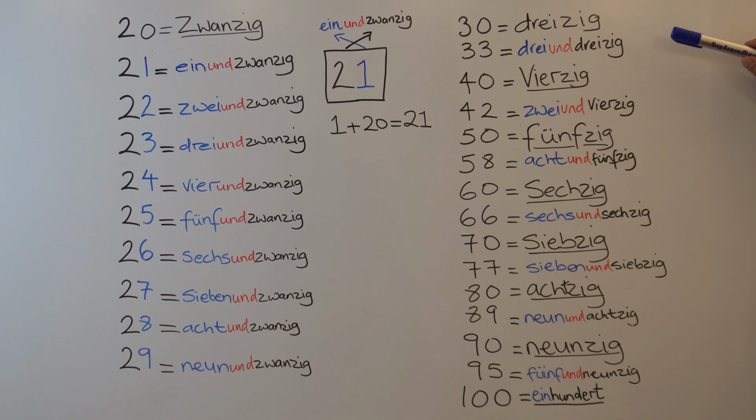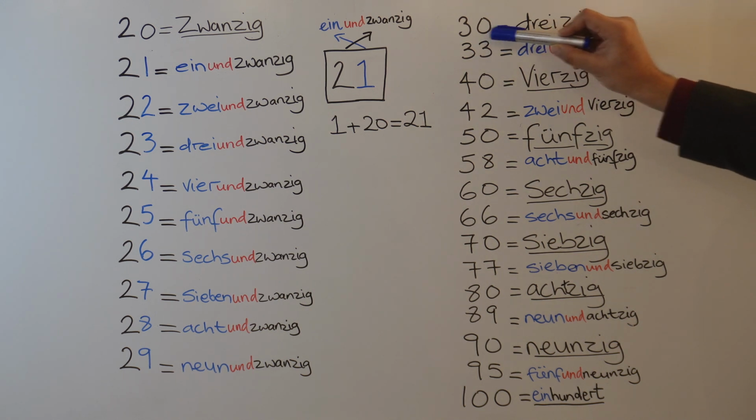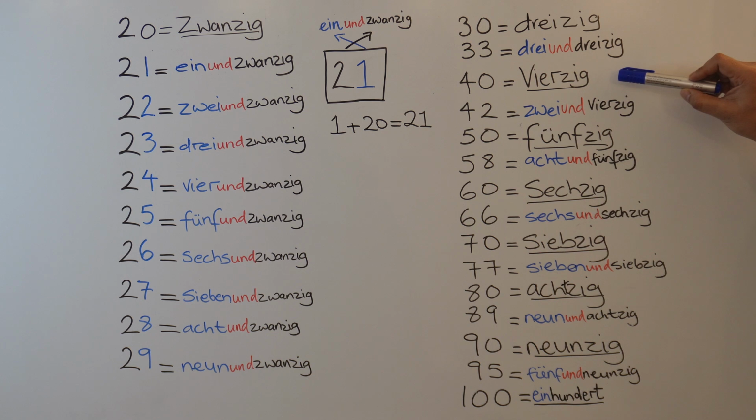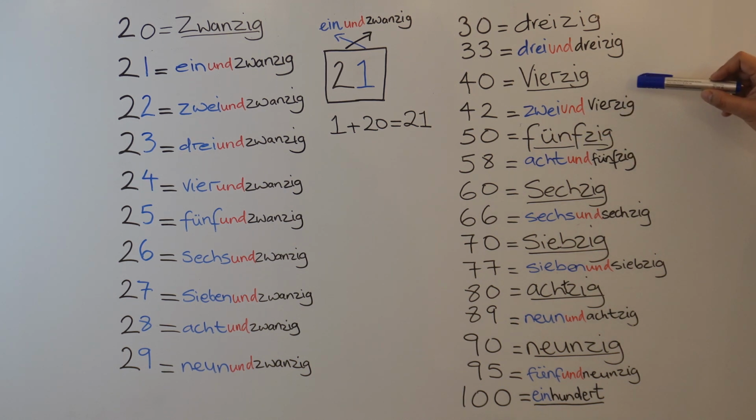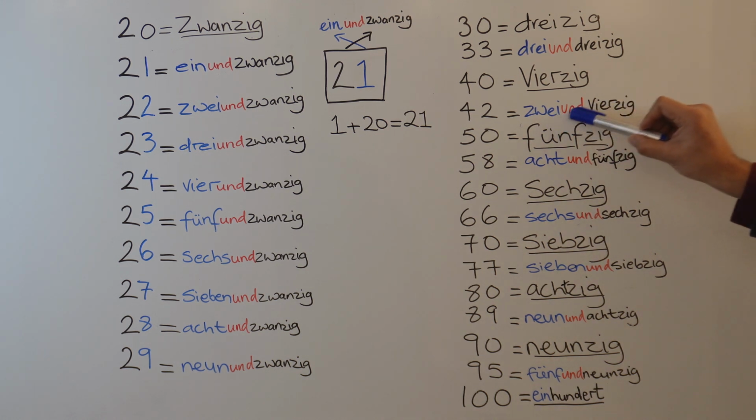And then comes 34, 35, 36, 37, 38, 39. And then you come to 40. Just remember the same principle. 30, 3 first and then 30, and then you come to 40. So the numbers between 40 and 50. 41, 42.